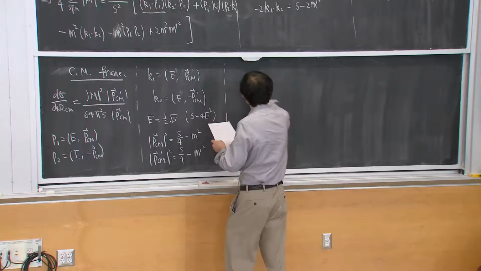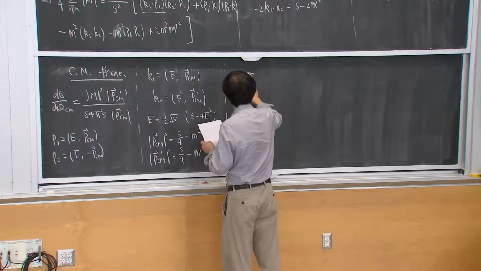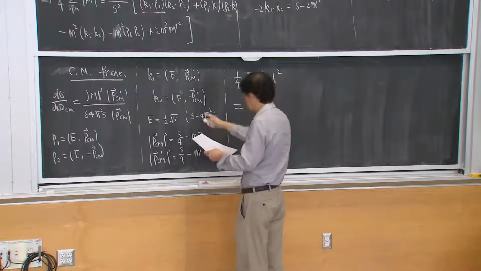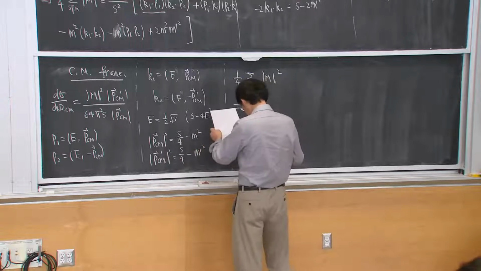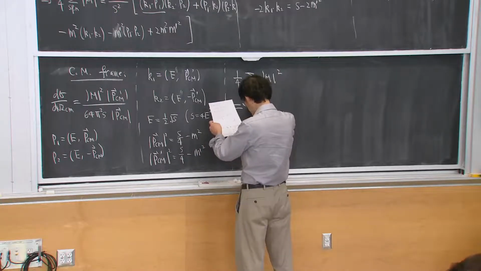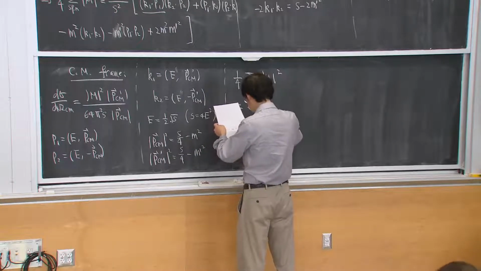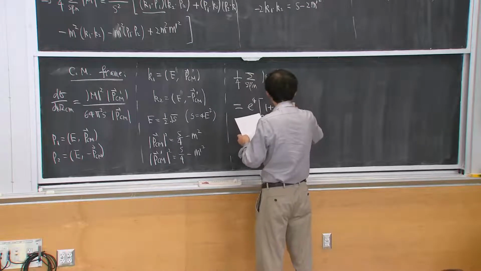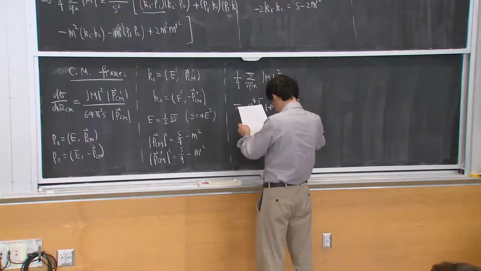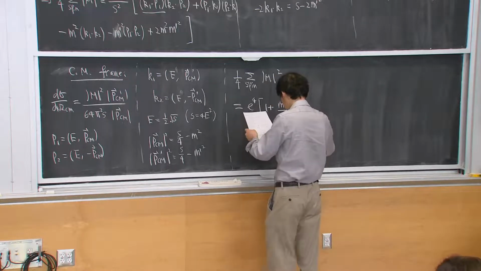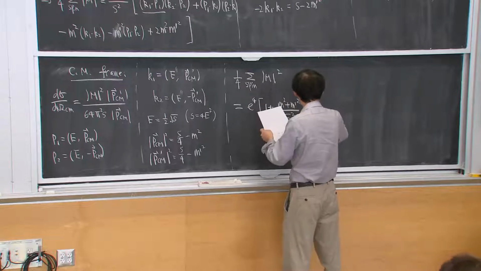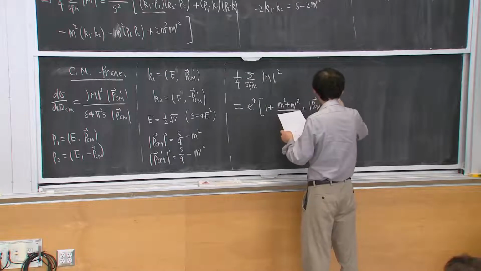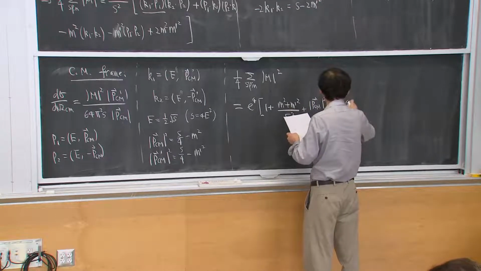You can also rewrite 1/4 sum over spins of M squared in terms of the center of mass, and then you find it's equal to e to the power 4 times 1 plus m squared plus m prime squared divided by E squared plus PCM squared over PCM prime squared cosine theta.